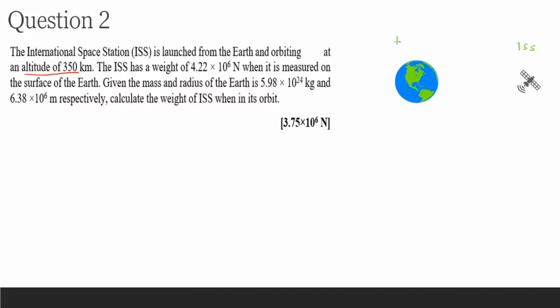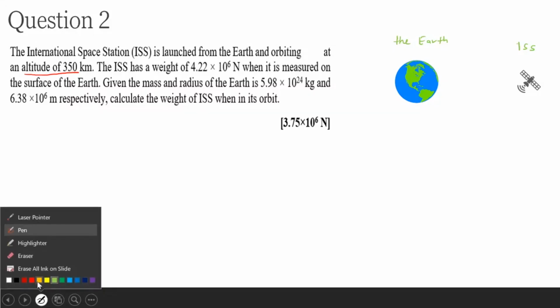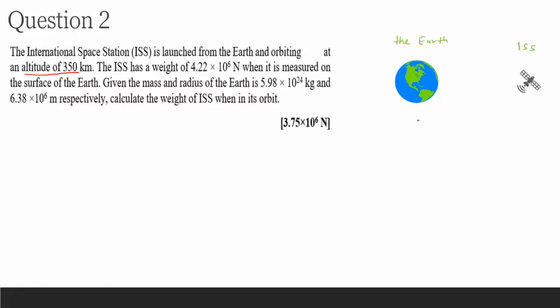This is the Earth. Okay, distance from the center of the Earth to center of ISS is R, small r. Okay, but the altitude given is distance above the surface of the Earth.